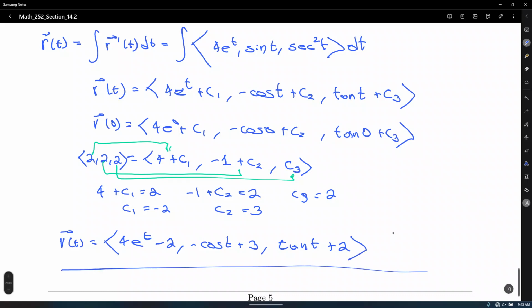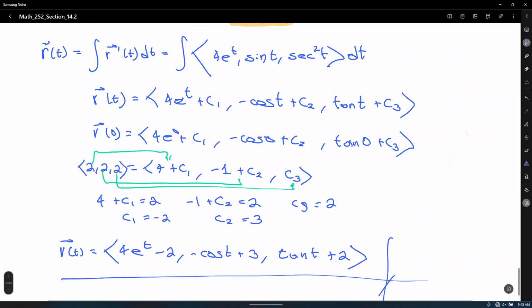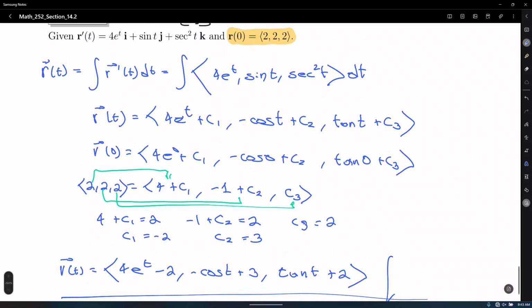And in this case, no constants of integration. This is again a particular solution, if you will, a particular member of the family of vector valued functions, and we're looking for the particular member that contains the vector 2, 2, 2. All right? And I think this is a good place to finish this section.